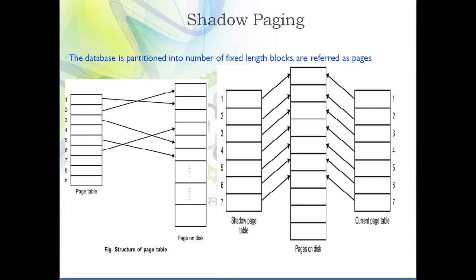In an operating system, memory is divided into same size blocks, and that is called paging. Similarly, that paging concept is used in a database, where the database is partitioned into fixed length blocks, and that is called a page.